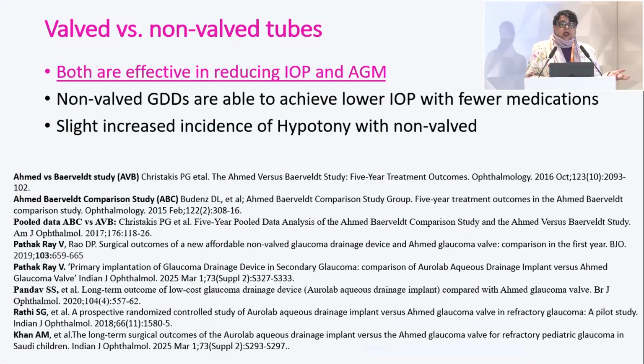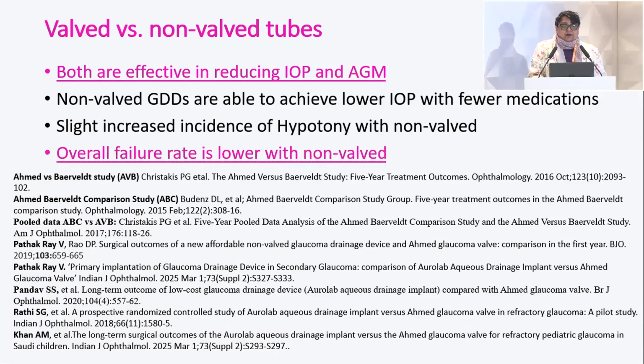So both are effective in reducing IOP and AGM. Please remember that. Non-valved ones are able to achieve lower IOP with fewer medications, but they have slightly increased incidence of hypotony, and this is something you need to be aware of. Overall failure rate is also lower with non-valved.